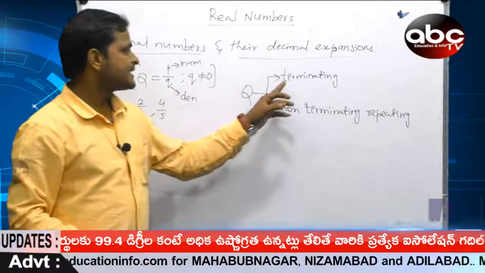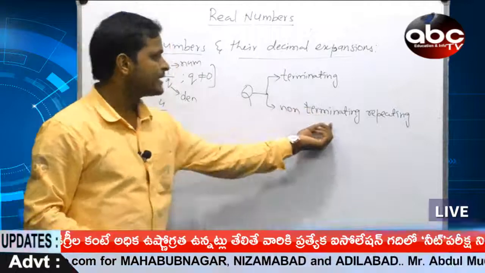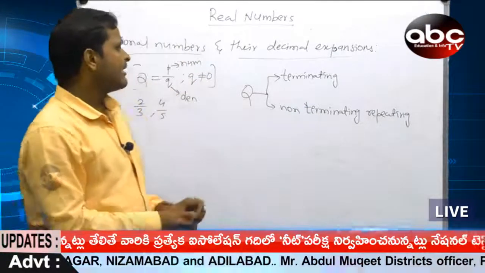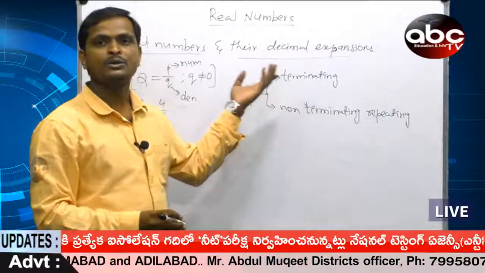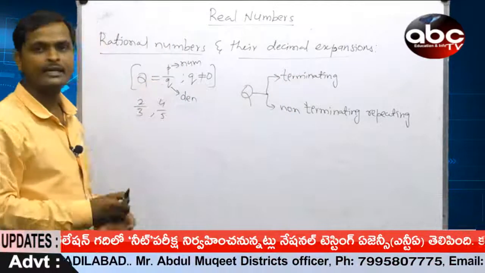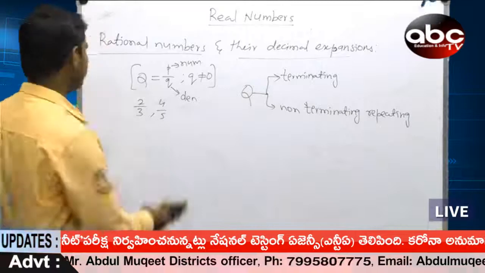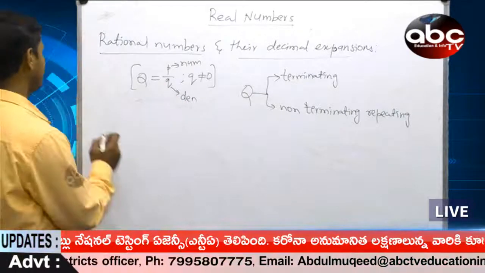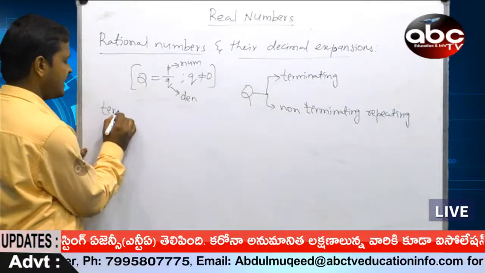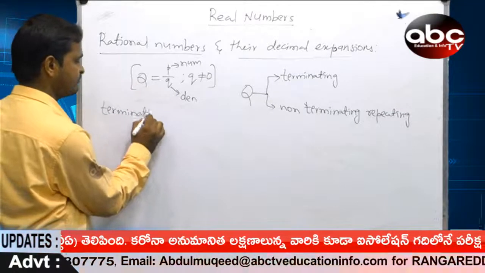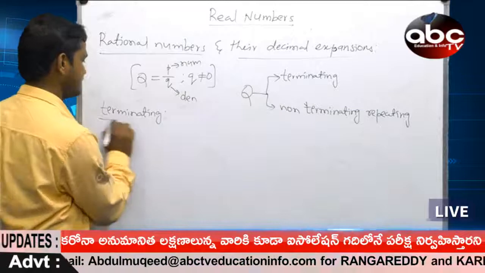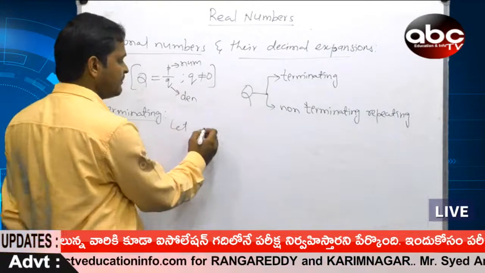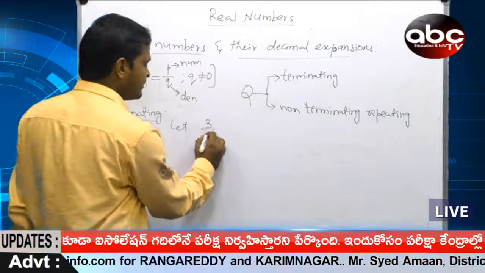Rational numbers: terminating decimal and non-terminating repeating decimal. Now see what is terminating and how to decide whether a given P by Q number is terminating. First, the terminating decimal. Let one example be 3 by 4.